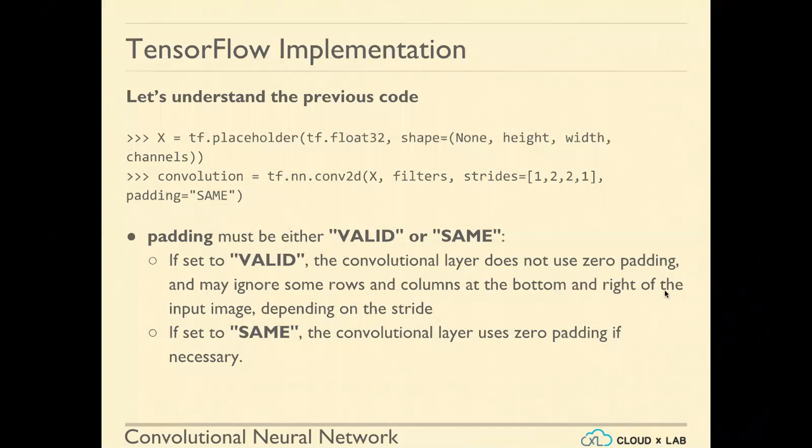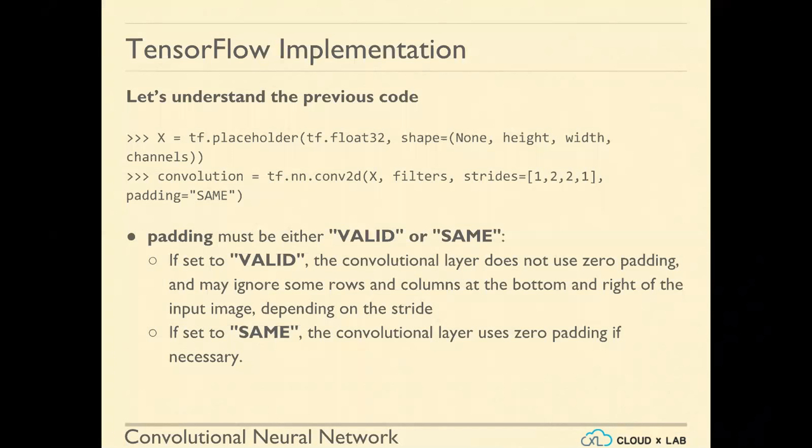So when we say valid, the rectangle that we move on the input layer doesn't go beyond the boundaries of the input image. That's what it means by valid.